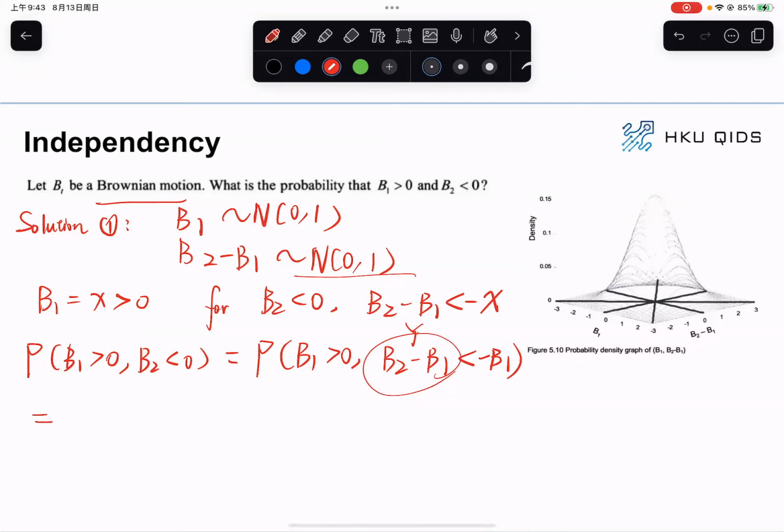And we just need to take the integration of these two things, which is just from 0 to infinity, and the second thing is from negative infinity to negative x. We are going to have 1 over 2 pi exponential negative (x squared plus y squared) divided by 2, dx dy.